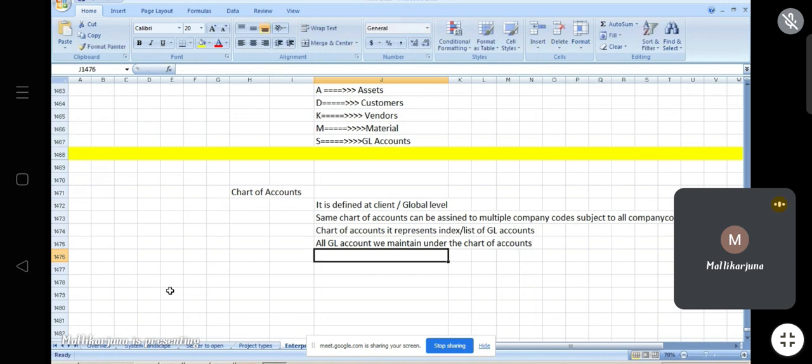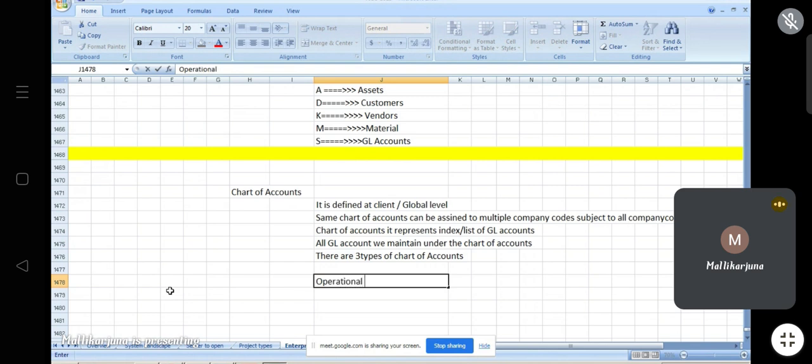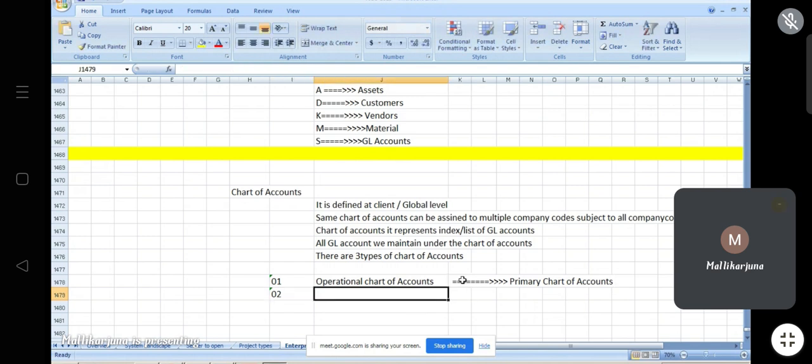So there are three types of chart of accounts. One is the operational chart of accounts, which can also be called the primary chart of accounts. The second one is the country specific chart of accounts, which can also be called the alternative chart of accounts.